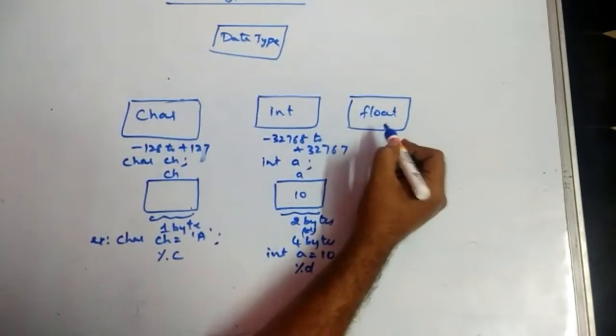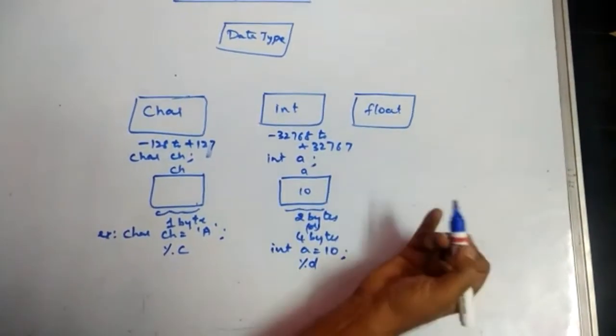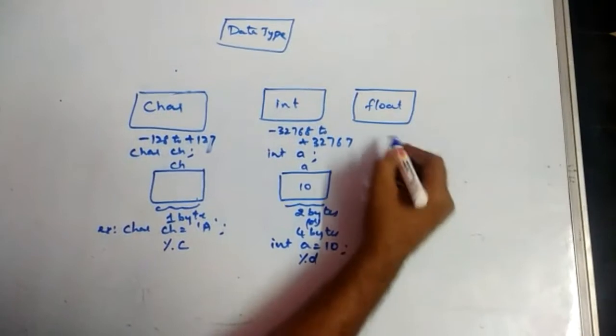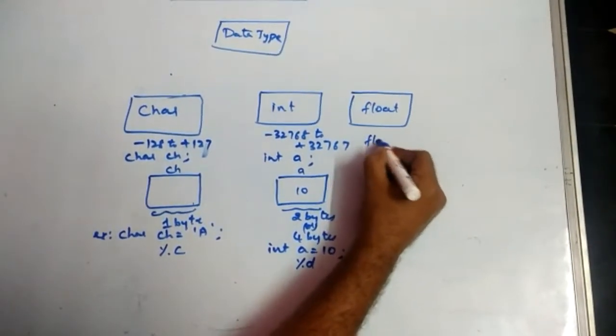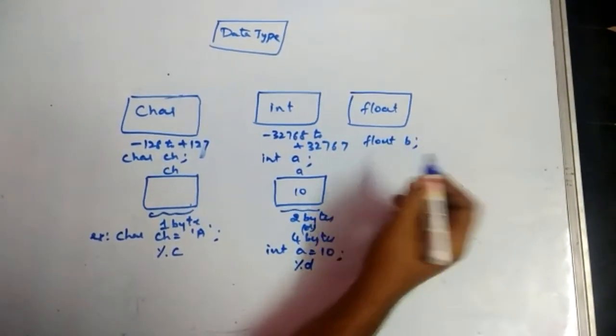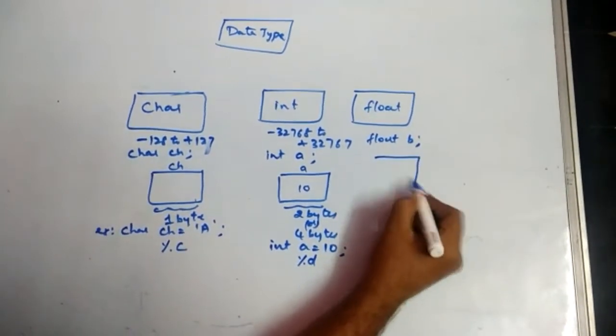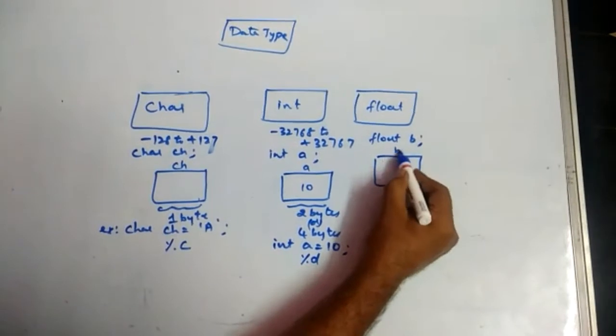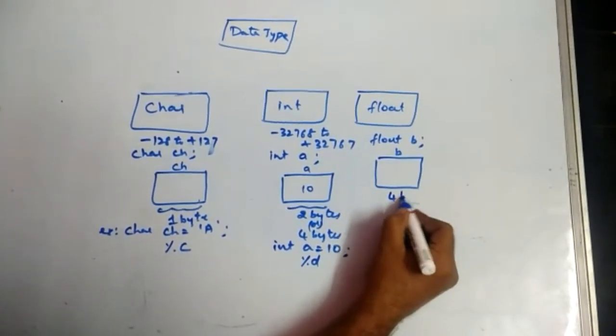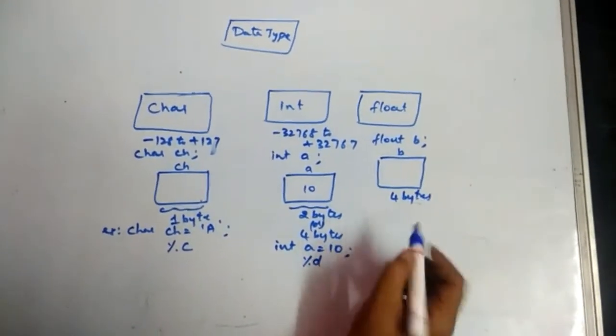This data type is used to represent floating point values or fractional values. For example, float b. Here I have declared a variable called b of type float. Memory will be allocated for this variable b. The size of the float data type is 4 bytes.